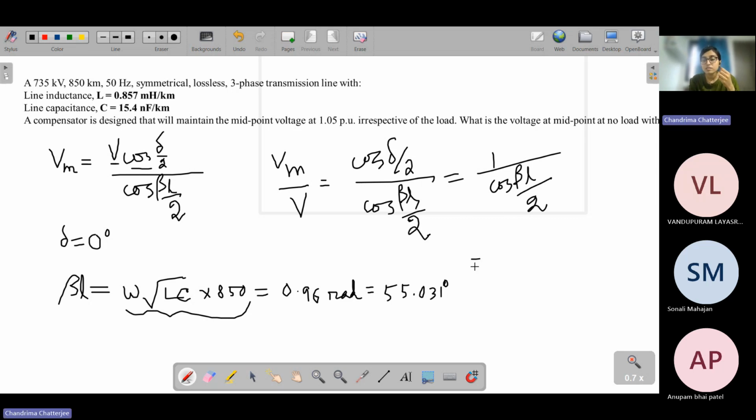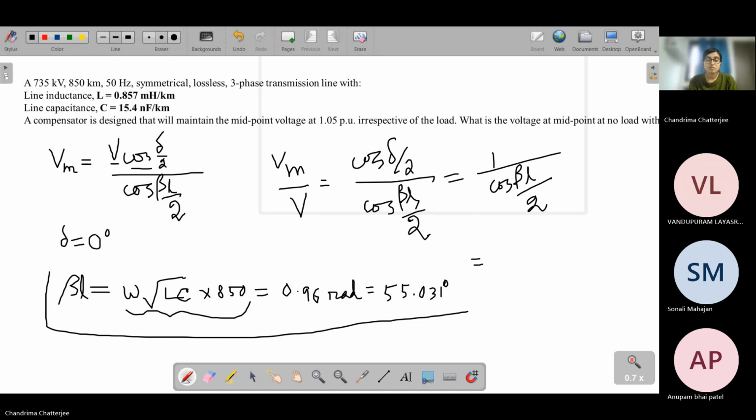Then calculate this expression. 1.127 is the answer, ma'am.